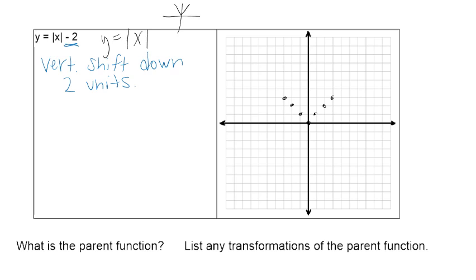Notice that I didn't graph the whole graph, but I still have these points here. So I'm going to still do the same idea and take those points and move them down 2 units. So shift down 2 units, down 2 units, down 2 units, and so on. And now it's just so much easier to quickly erase those points, and we can connect the points on the graph that I drew.